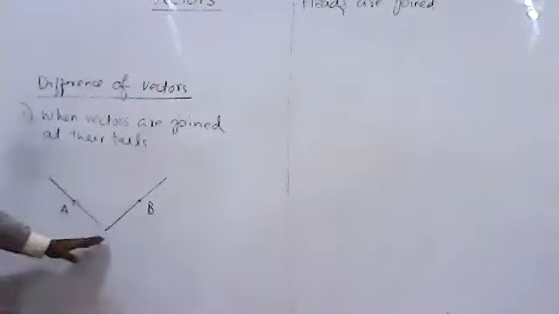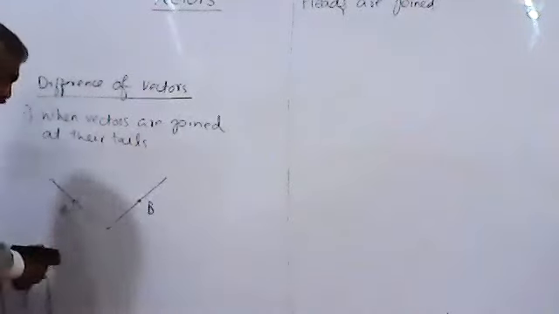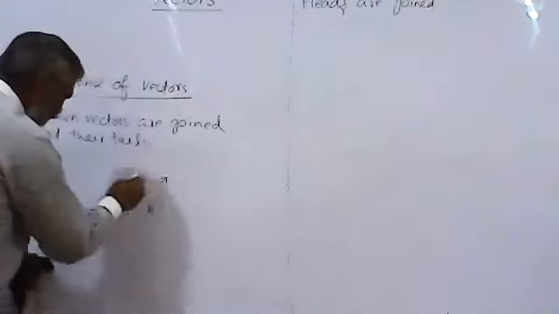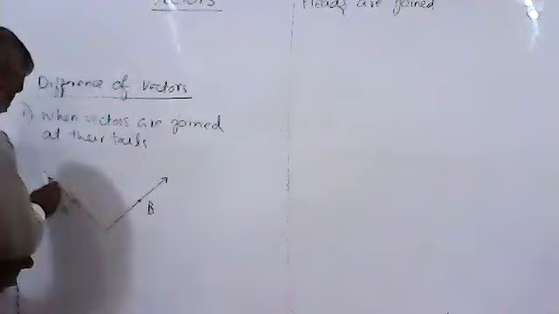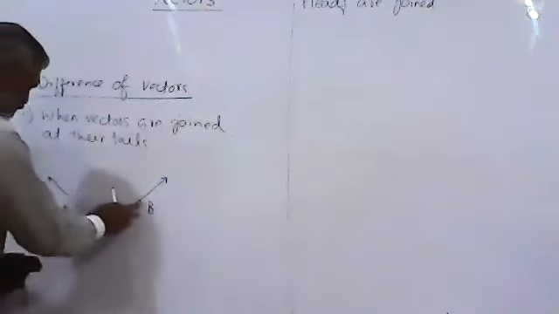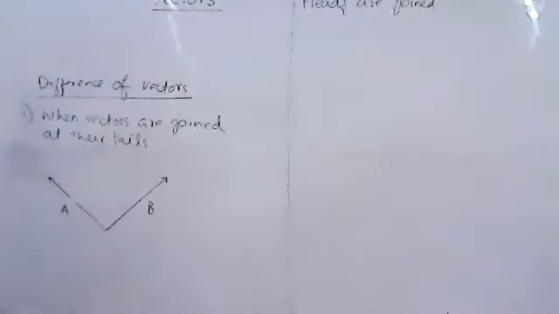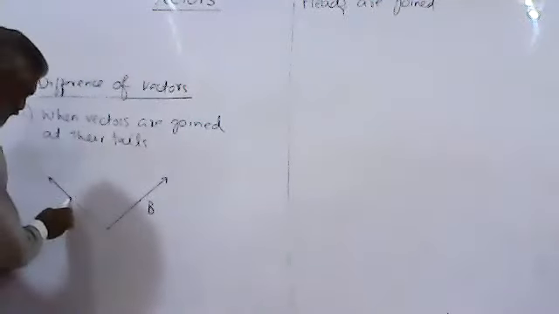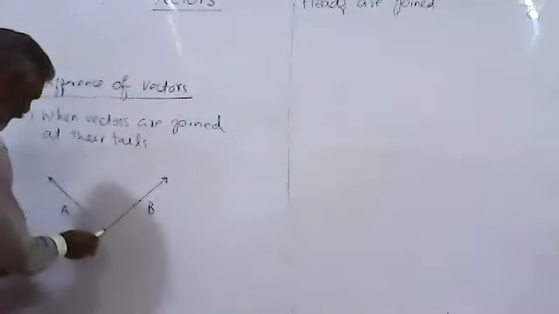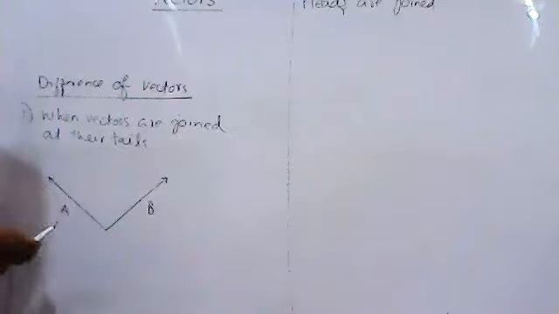These are the heads of the two vectors. Let me show the arrowheads here so it is easier for you to recognize where the heads are. The two vectors have their tails joined here and their heads are free.